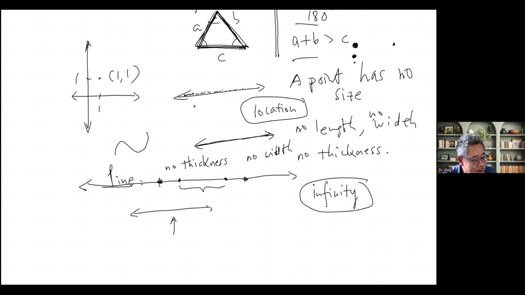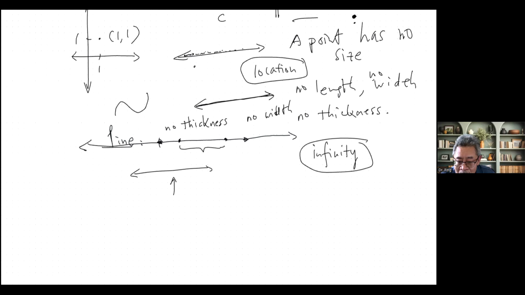So we've got a point, a line, and the next definition is a line segment. I already kind of showed you here. A line segment just has a beginning and an end. For a line, there is no beginning and no end. It can go on both sides forever.